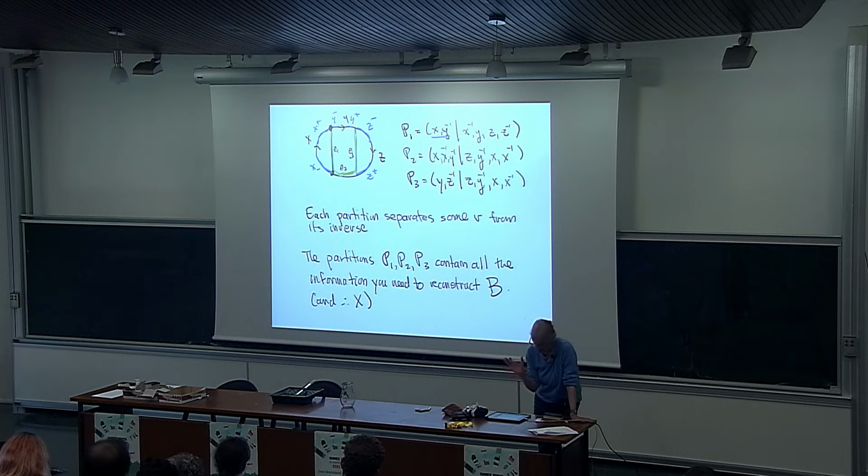So every edge has 2 half edges. Now if I take an edge of the tree, that cuts the tree into 2 pieces. Like the first edge, there's that piece and there's that piece.